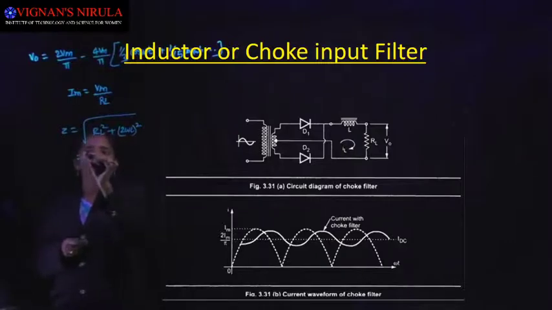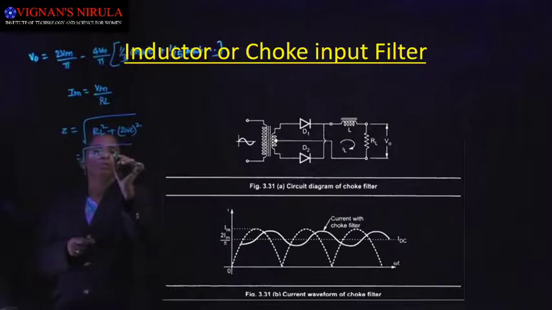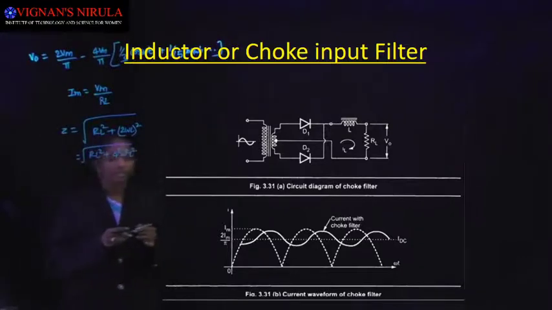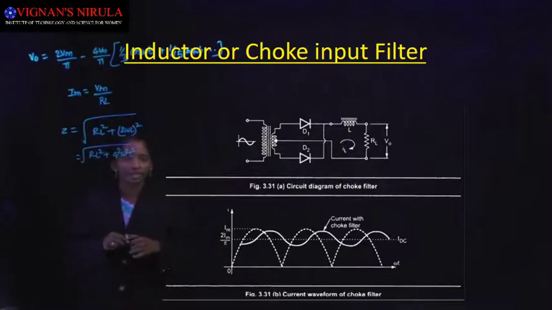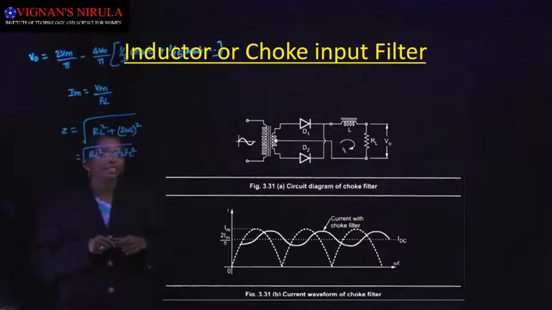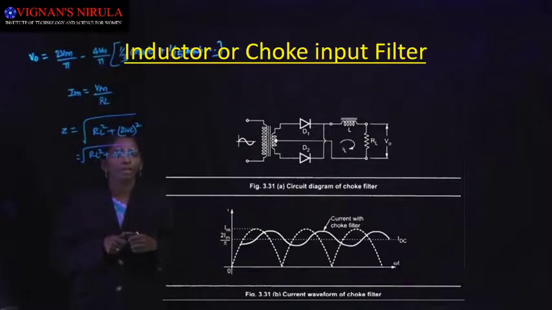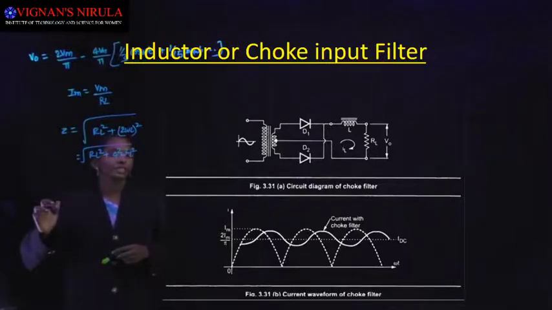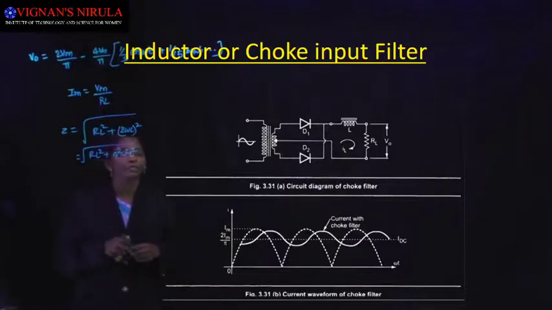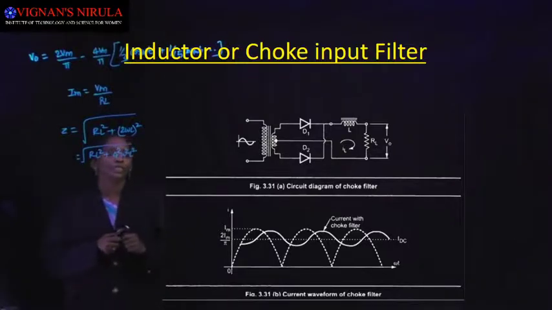From that we will get RL square plus 4 omega square L square. For simplification we should neglect diode resistance, choke resistance and transformer resistance when compared to the load resistor RL.